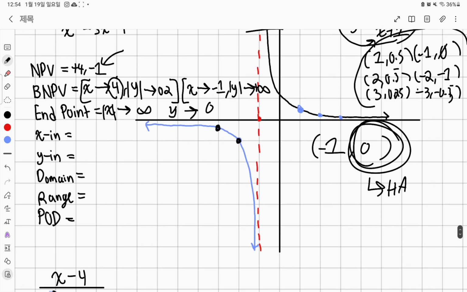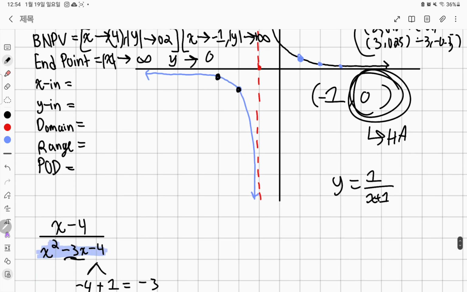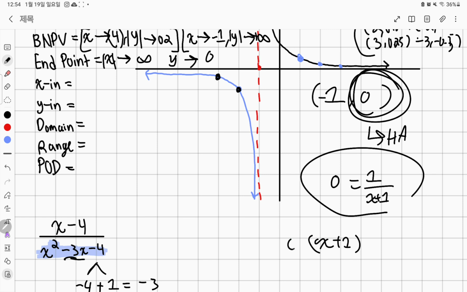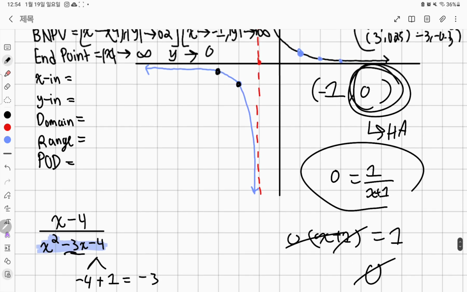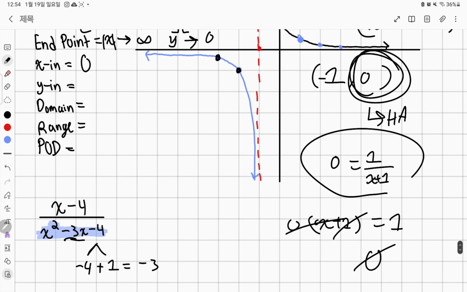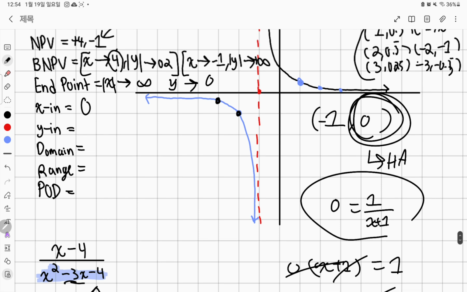Let's look at x-intercept. y is equal to 1 over x plus 1. Quickly just solve this. Plug y into 0. There's nothing. So x-intercept is 0. Sorry, one more time. So x-intercept is 0.